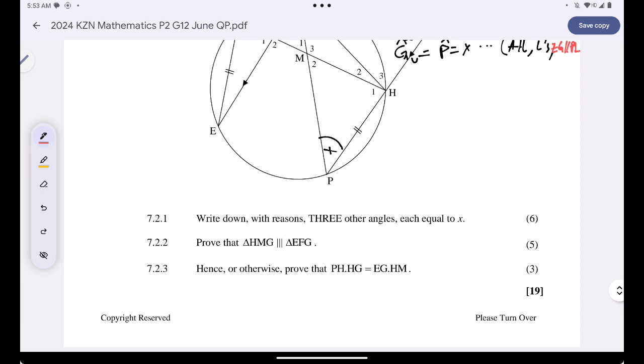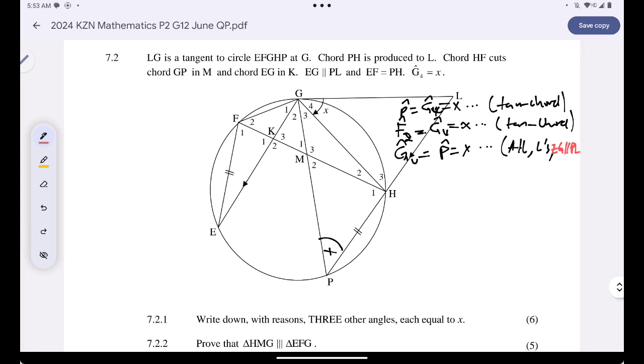I'm supposed to show that triangle HMG is similar to triangle EFG. How can I do that?